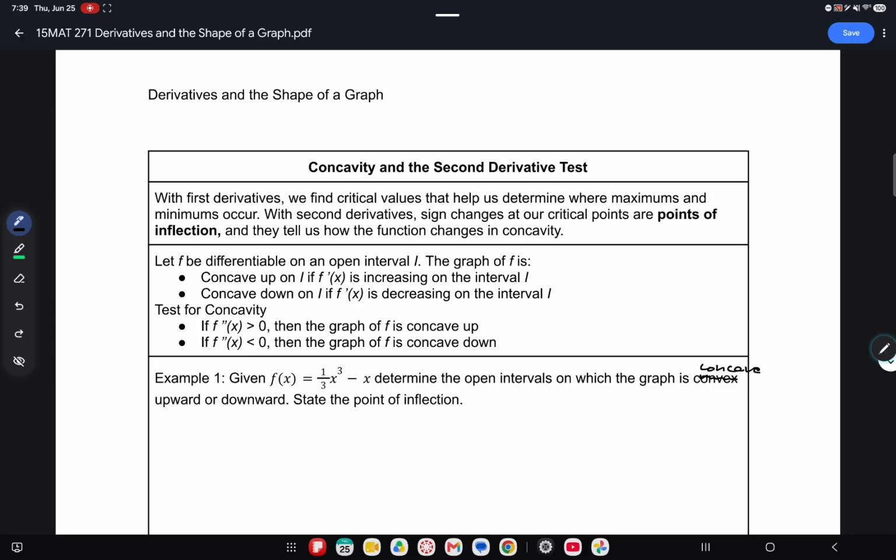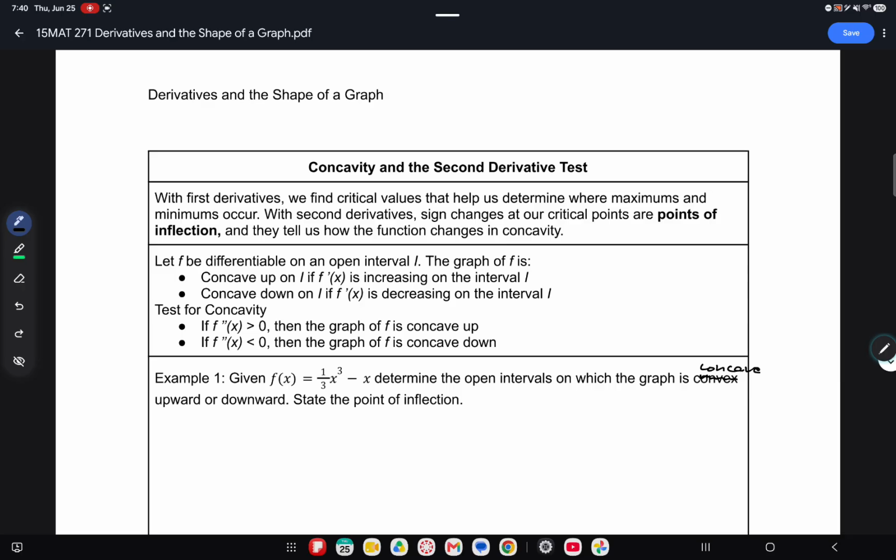So we still want to find critical values, the zeros and where we're undefined in that second derivative. If we have a sign change in that second derivative, we call those points of inflection, because that's where we are changing concavity, right?